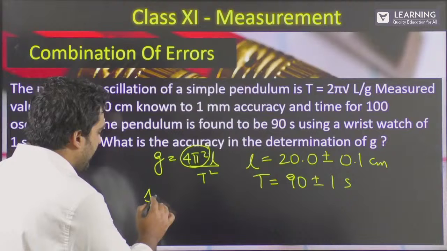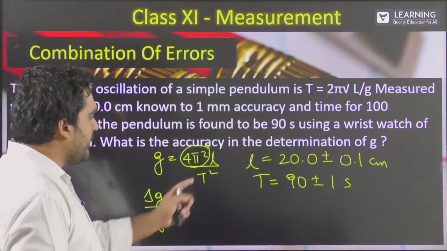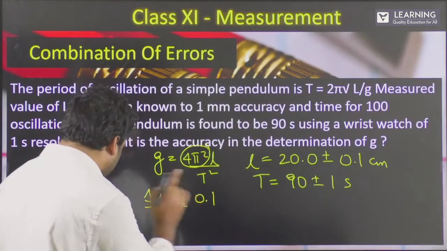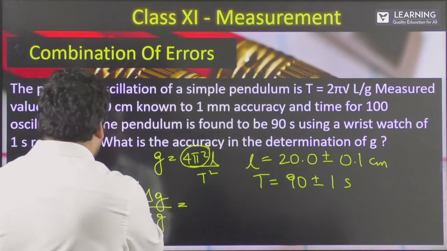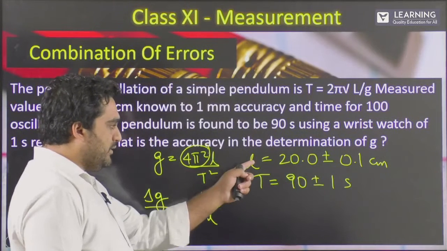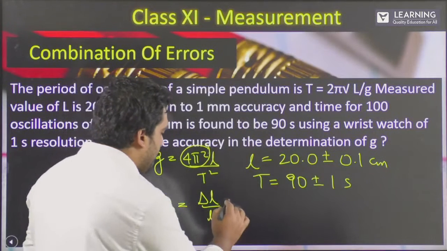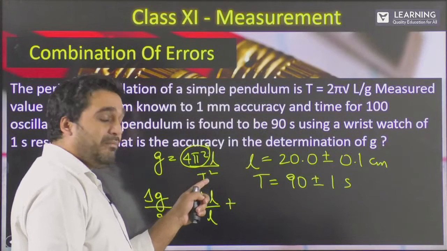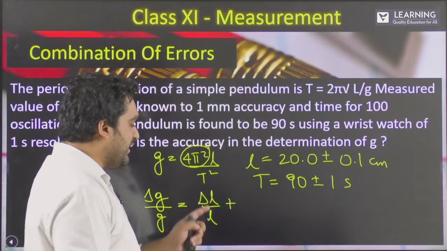So first, to find that error, delta G by G equals, I'll take you step by step. Delta L by L, the relative error in the length, plus. Why is it plus? Because it's dividing L by T square, a quotient, meaning the sum of the relative errors.